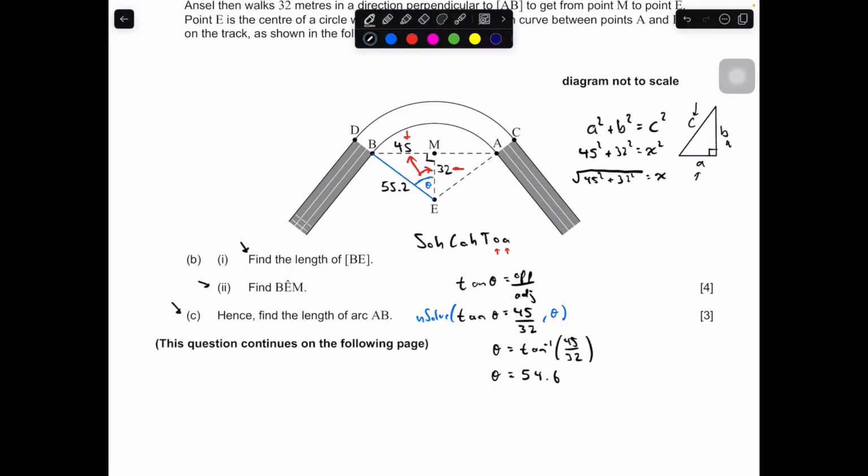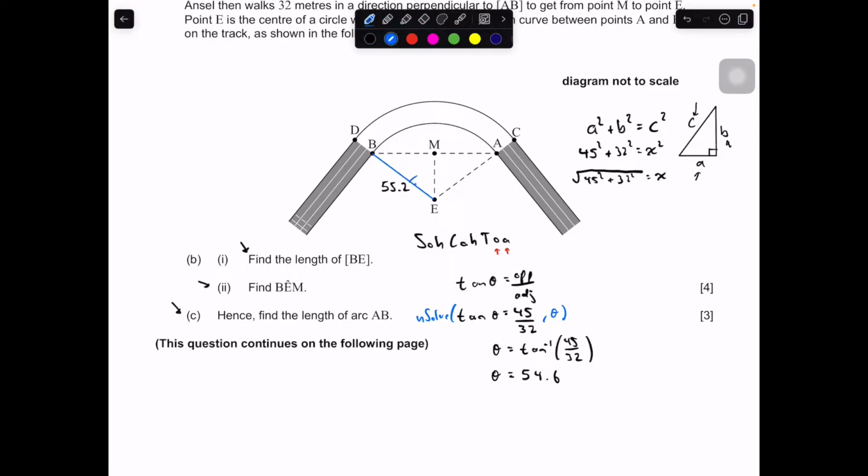Okay, moving on. Let's go to part C. Hence find the length of AB. Okay, so the length of arc AB rather. I'm going to clear away some of this and just write what's essential. All right. So what do we know?